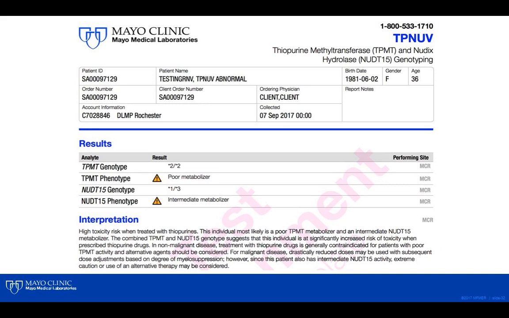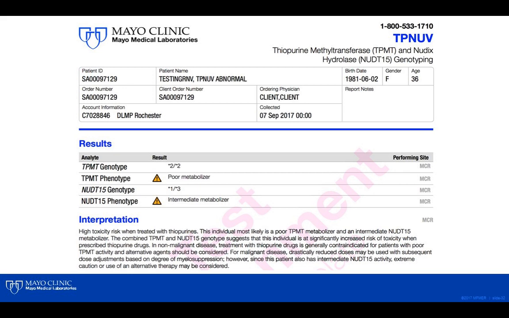In contrast, you can see that in this example, this patient wasn't quite as lucky. She has a rare TPMT genotype of star 2, which means that she is predicted to be a poor metabolizer of TPMT substrates. In addition, she has a star 1, star 3 NUDT15 genotype, which means she is predicted to be an intermediate metabolizer of NUDT15 substrates.